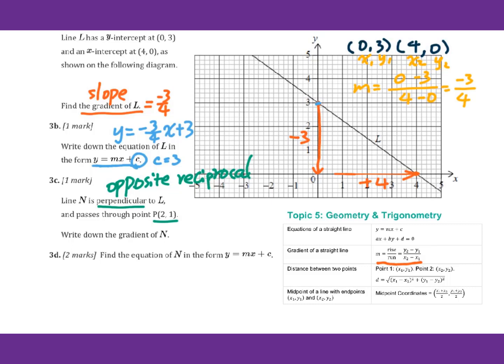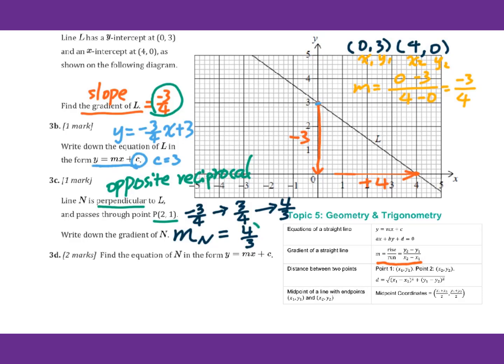For this slope, we have negative 3 over 4. Opposite means 3 over 4. Then reciprocal means 4 over 3. So the slope of a normal line equals 4 over 3.